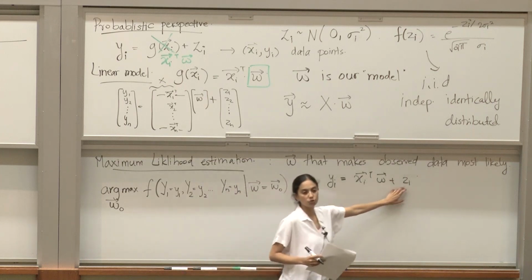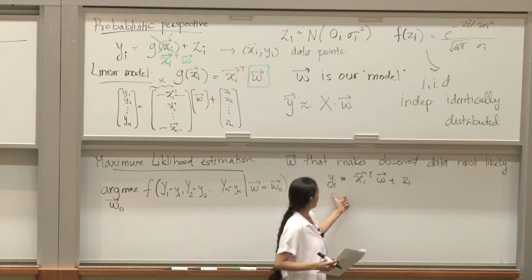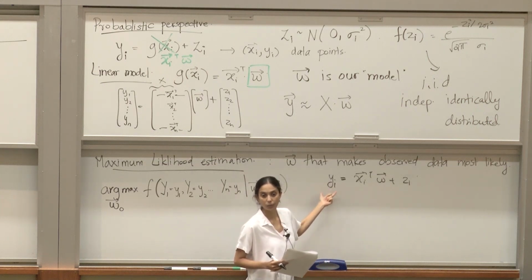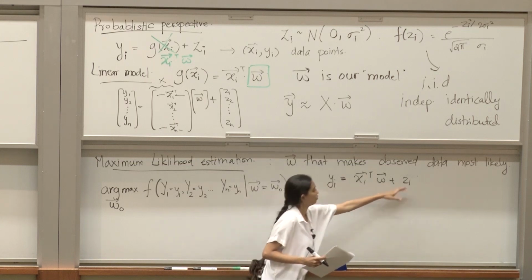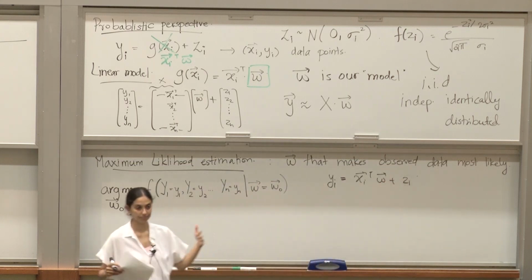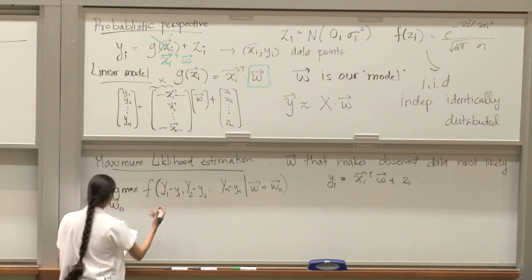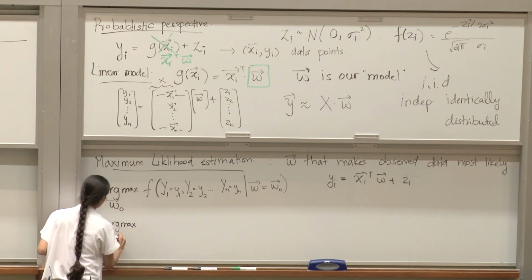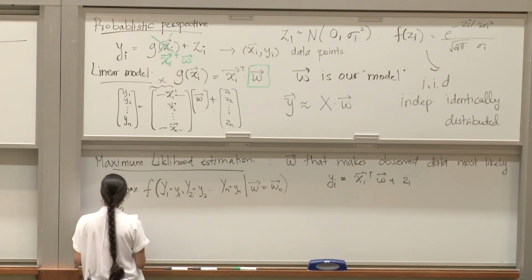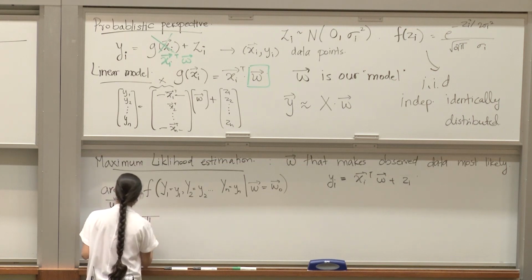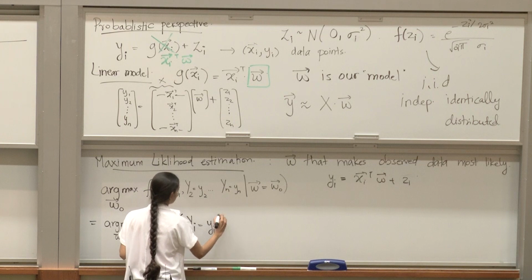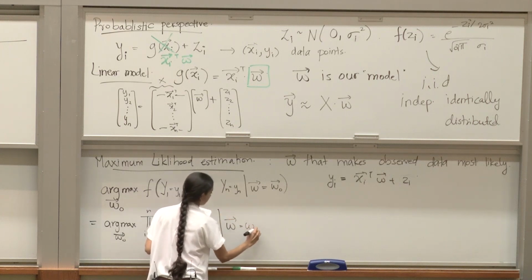Since these noises are all IID, these yi's are all independent of each other. So I can write this as a product, for i equal to 1 to n, of the density of yi equal to yi, given w equal to w naught.